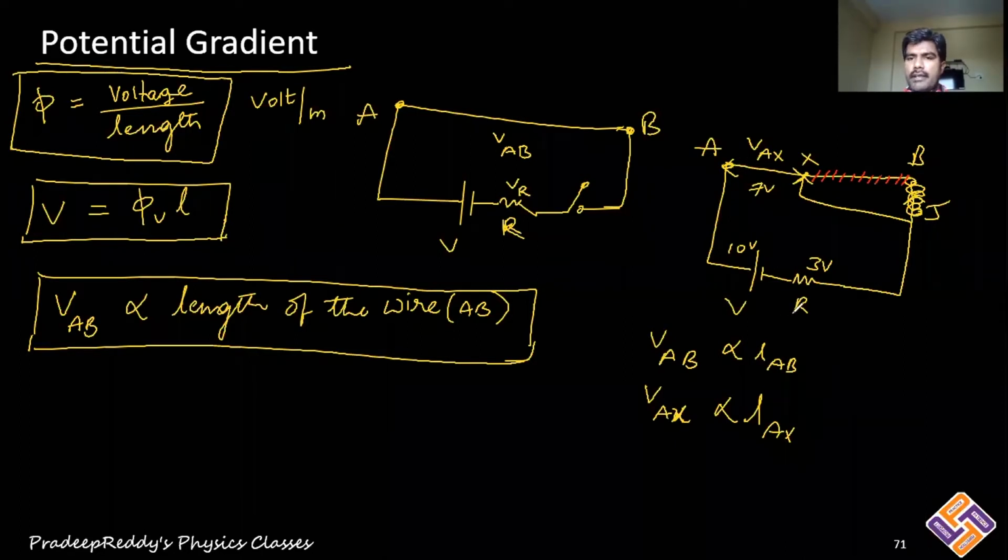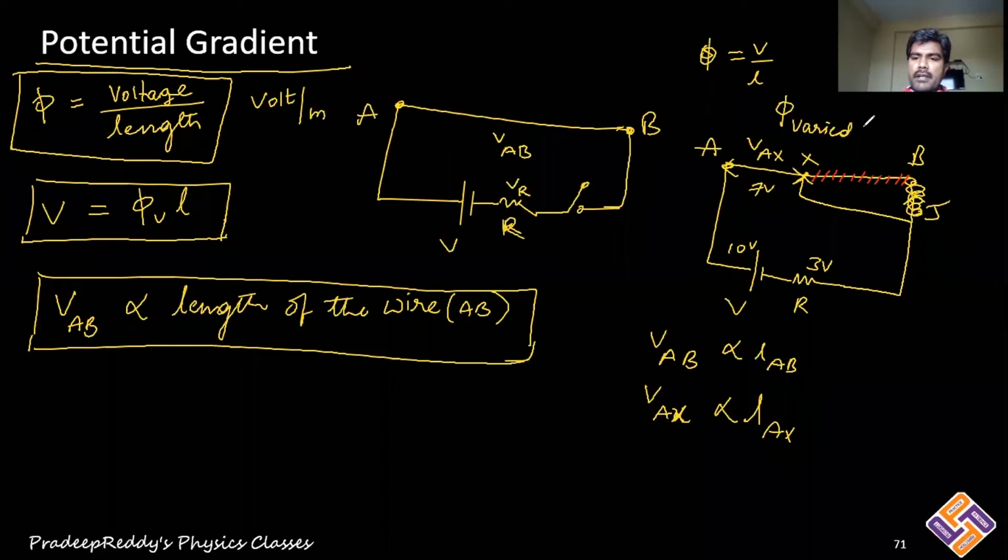Clear? Therefore, remember that the potential gradient phi is equal to V divided by L. So in this particular circuit, as the length is being changed, maintaining the voltage the same and the resistor value the same, the voltage dropped will be the same 7 volts, but the potential gradient phi will vary.